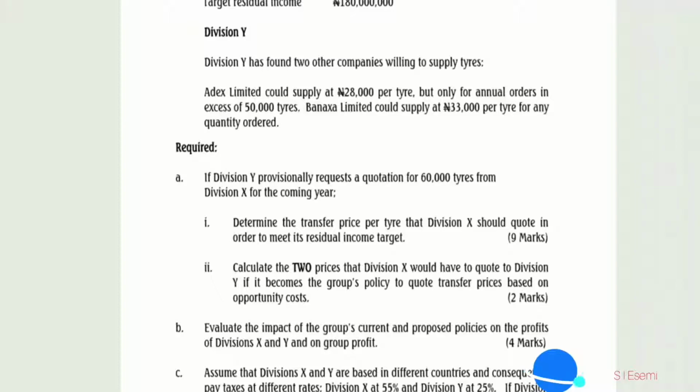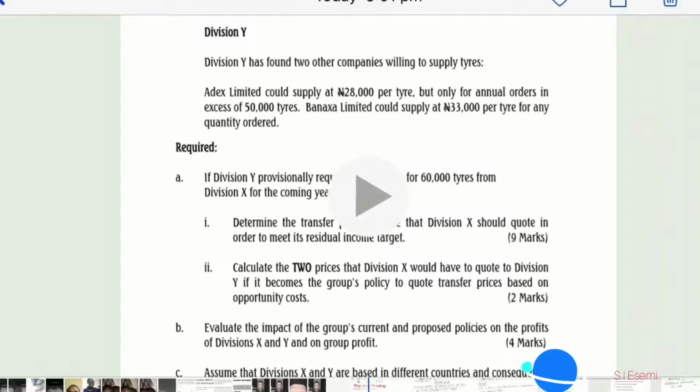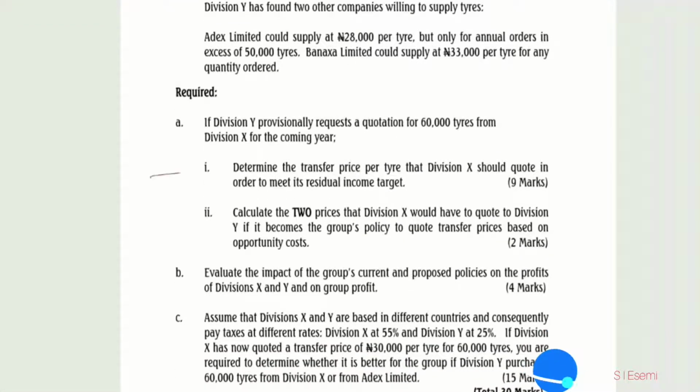Then we also have II, calculate the two prices that division X would have to quote to division Y if it becomes the group's policy to quote transfer price based on opportunity cost. So let's see how we can handle those two before we continue.